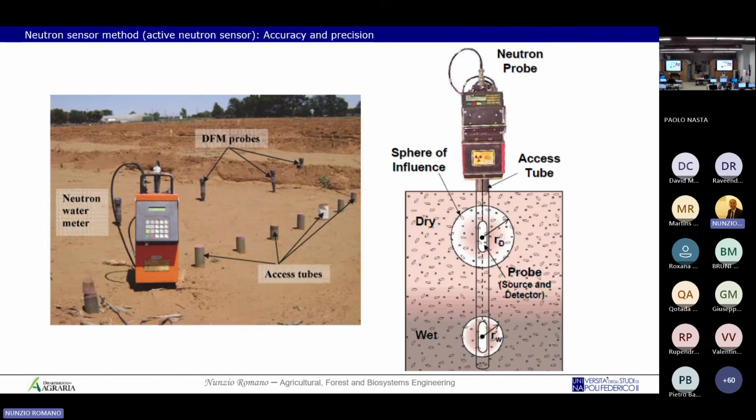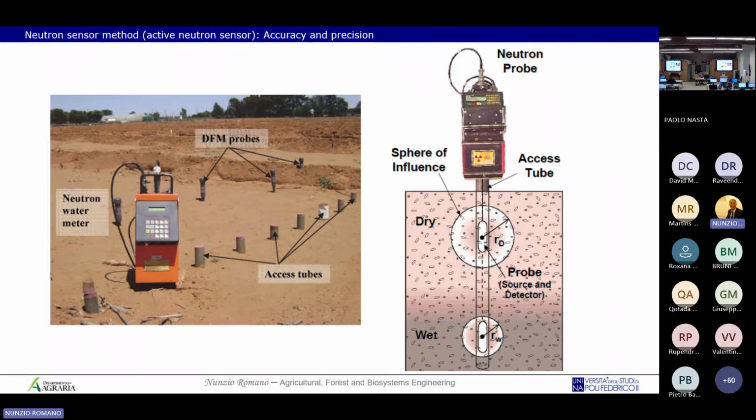And then, many years ago, we used different setups of this. We put the access tubes in different parts of the plot.